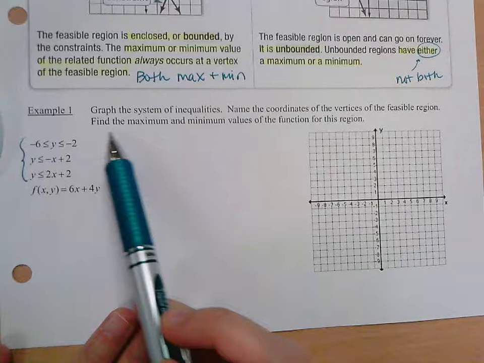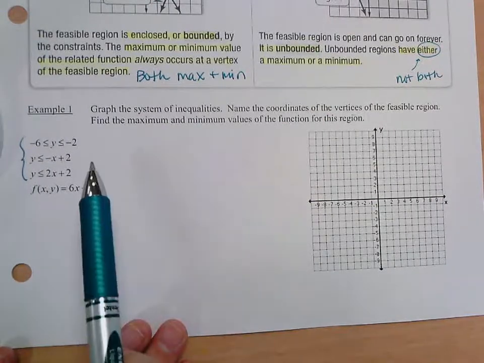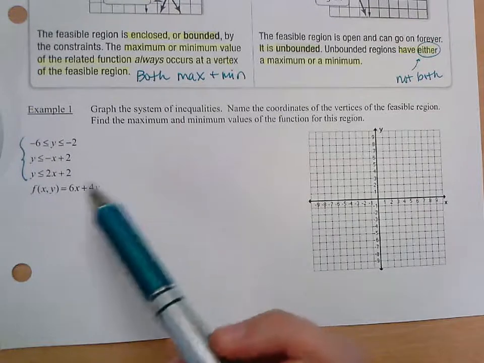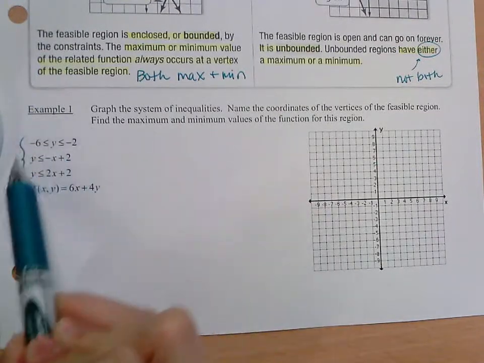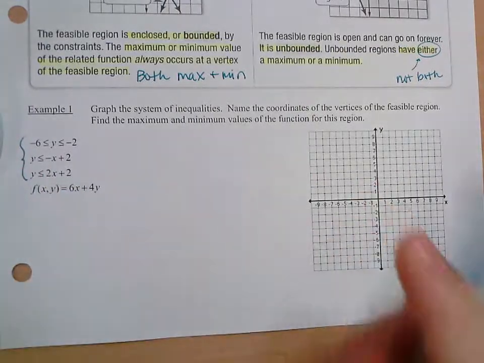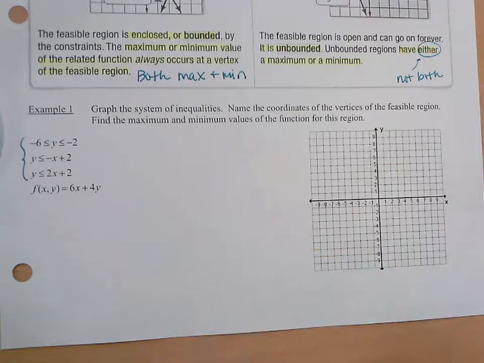So find the coordinates, use those to find the max and min values of the function for that region. And then leading into tomorrow, so today this is given to you. Tomorrow you would have a problem where you have to set up the system and set up the function in order to actually do this. That's how tomorrow is different.